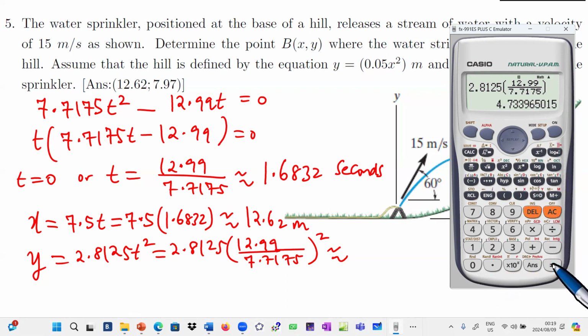And then now, what we're getting for y, oh, there's a square. Did I put the square? I did not do the square. Let me punch properly.